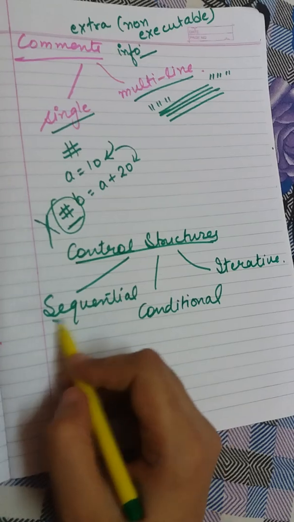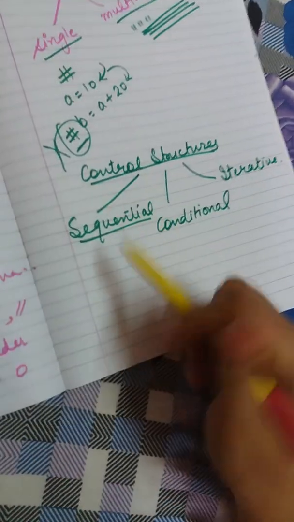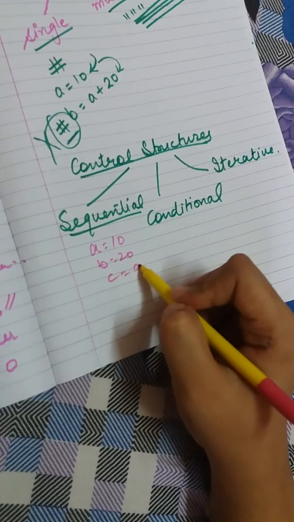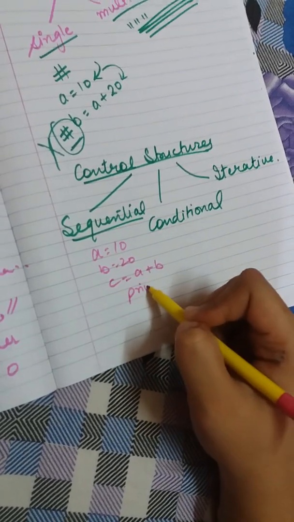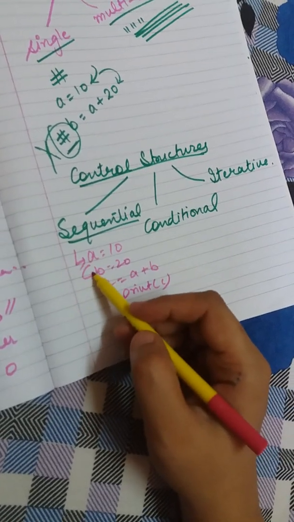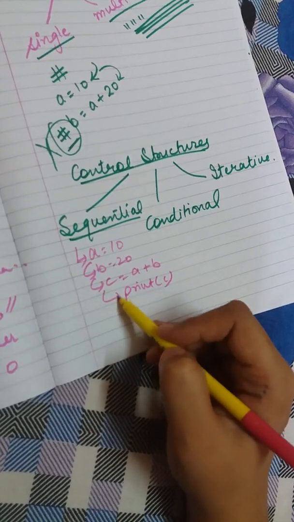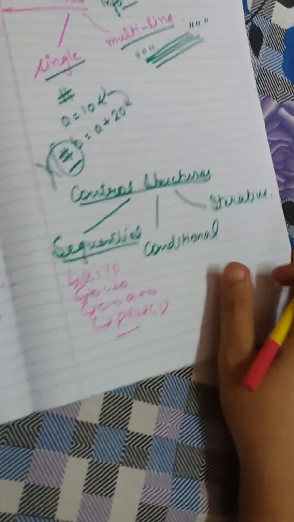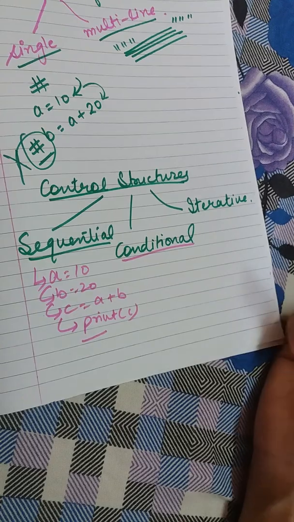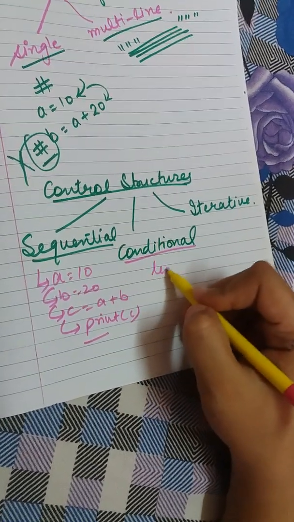Sequential means, suppose I am writing a is equal to 10, b is equal to 20, c is equal to a plus b, print c. So here the control will first come here, then it will be transferred here, here, and then stop. So there was a particular sequence that was being followed here, but in conditional there will be some kind of test.